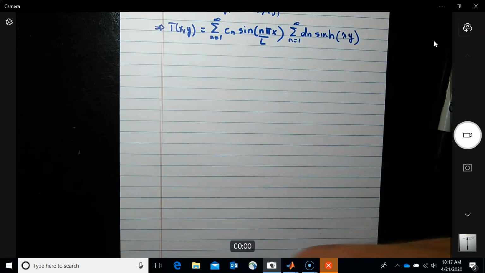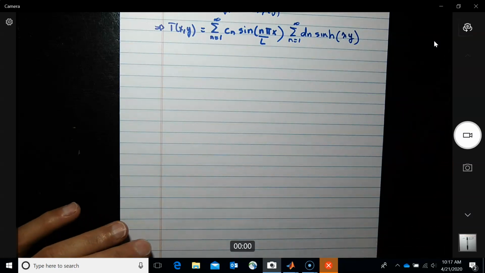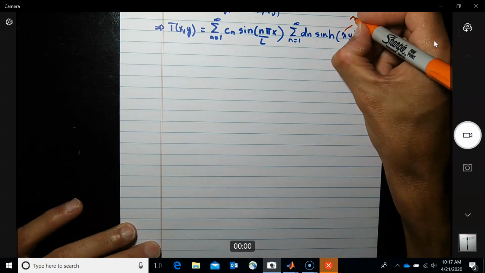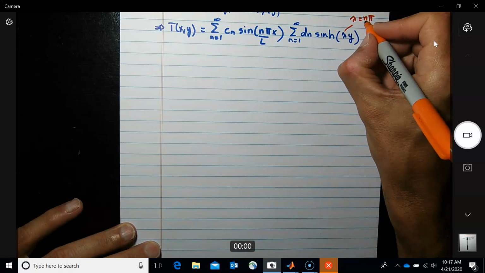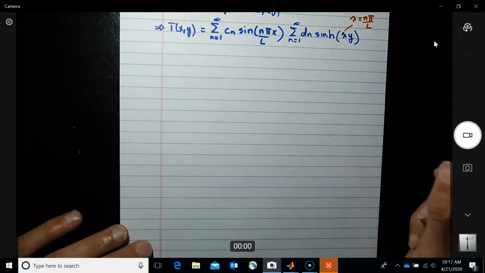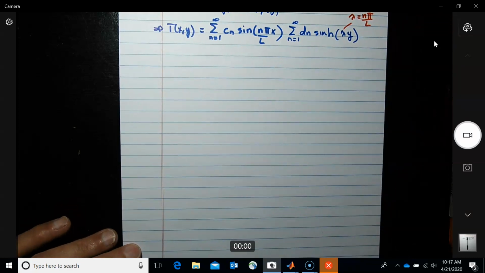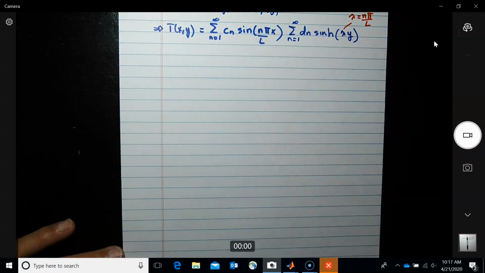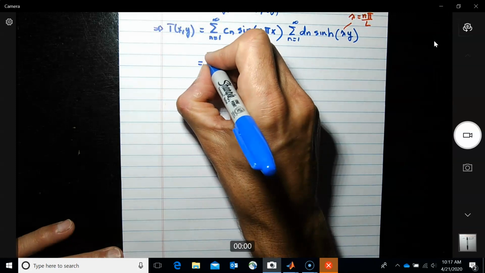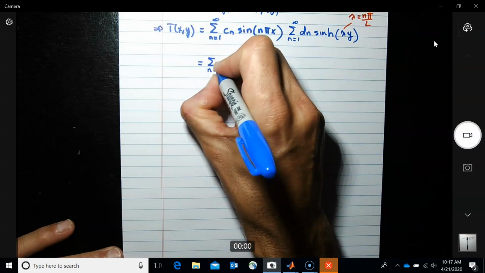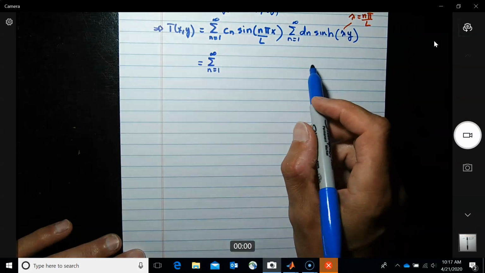Okay? So if you do remember from the previous calculations, I don't find it, but we had that lambda over here was equal to n pi over L. Okay? So basically that means that we can rewrite this solution here, let's say, as the summation from n equal to 1 to infinity.